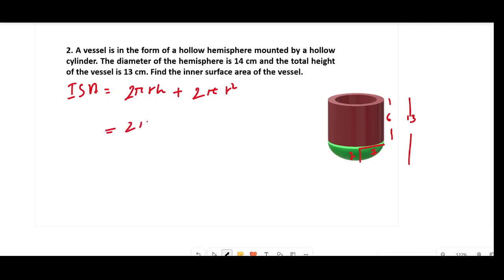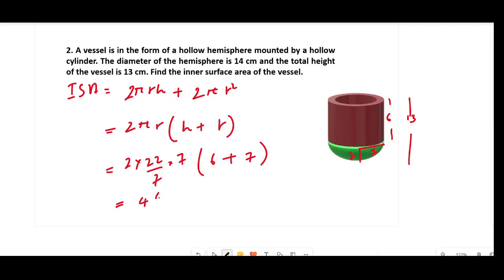If we take 2 pi r common, then we get 2 pi r times h plus r. Now put the values: pi is 22 by 7, and r is 7. What is the value of h? h is 6 plus r is 7. Now we can cancel this. Now 22 times 2 is 44, into 13, that will be 572.